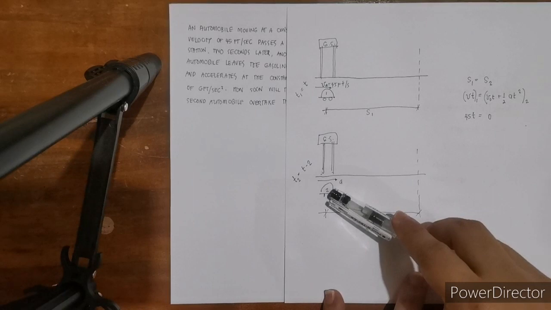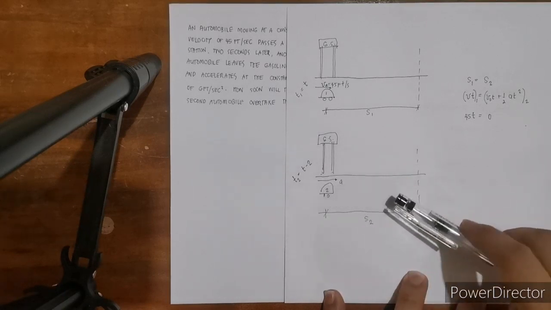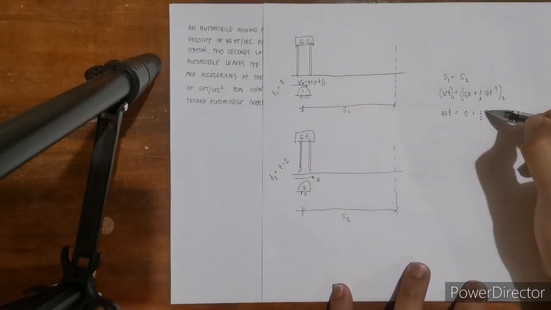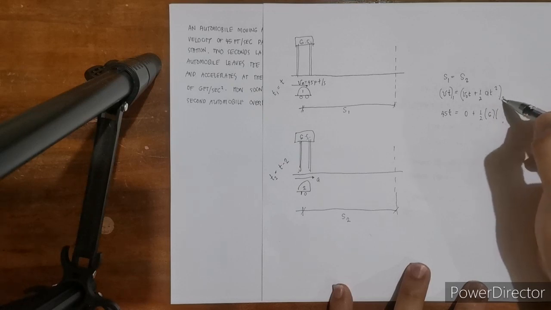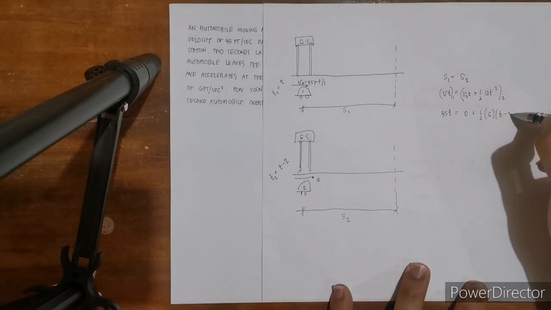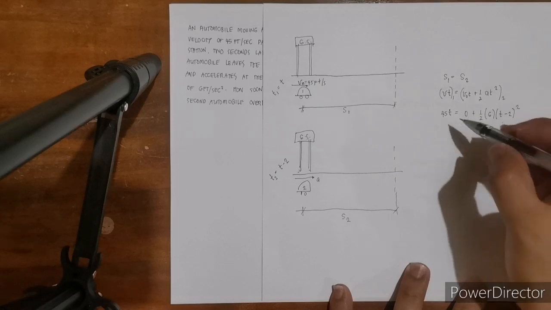So, second automobile start from the gasoline station. And then it will accelerate so that it can move. Plus 1/2, the acceleration of second automobile is 6, multiplied by the time of second automobile, time of second automobile is t minus 2. And that will be quantity squared.